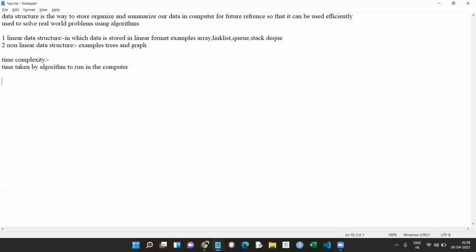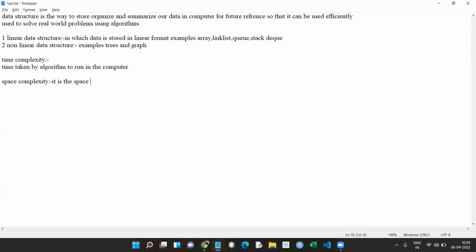After that, the space complexity. In space complexity, it is the space taken by your code in the computer's memory. The space must be in bits or bytes. The smallest unit of data is the bit, so starting from the bit, up to terabyte, up to zettabyte, and so on.